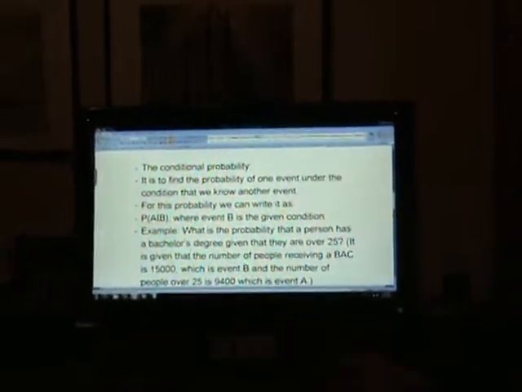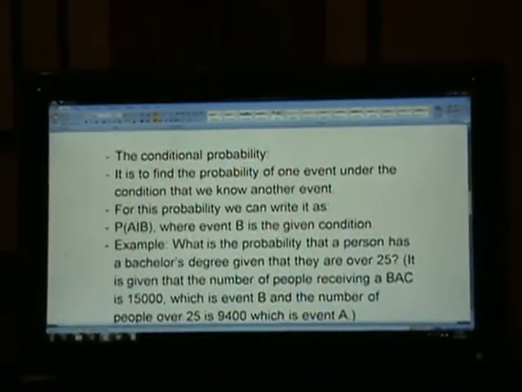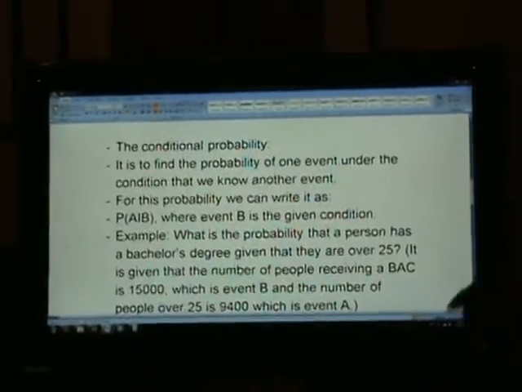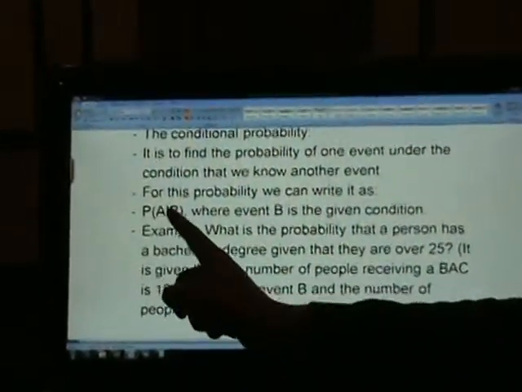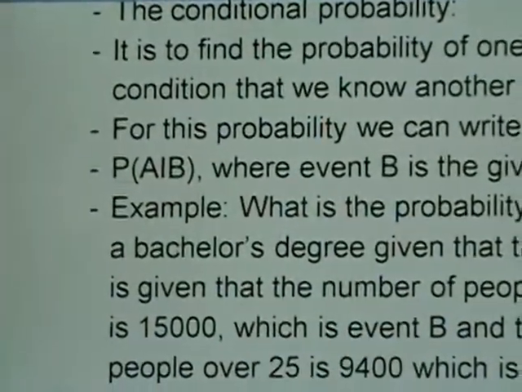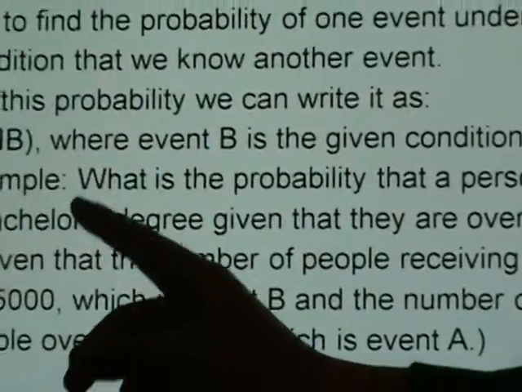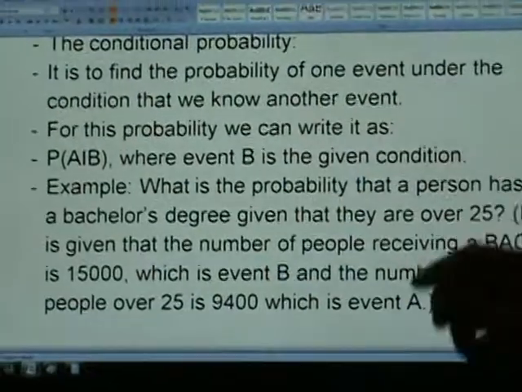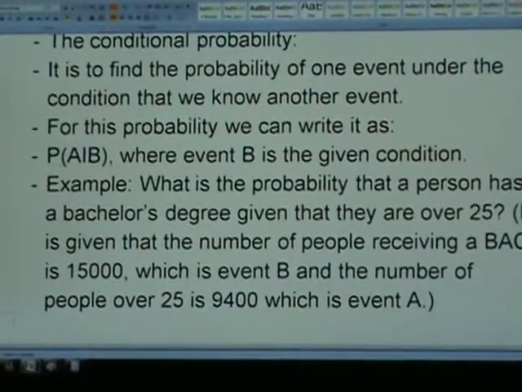So conditional probability is to find the probability of one event under the condition that we know another event. So for this probability, we could write P, the probability of event A given event B, where event B is a given condition. For example, what is the probability that a person has a bachelor's degree given that they're over 25?